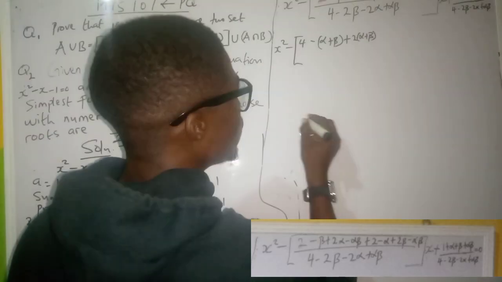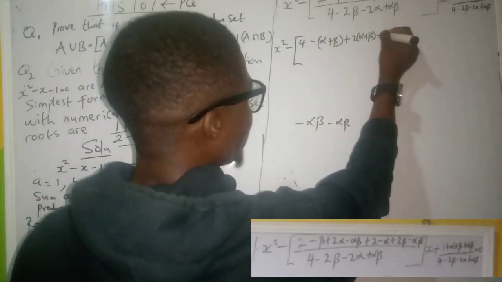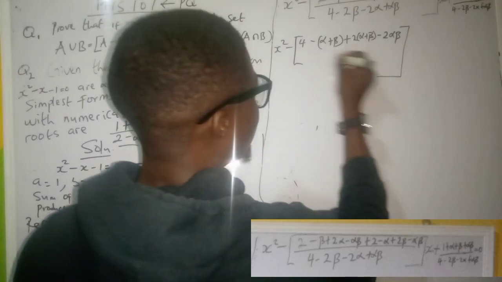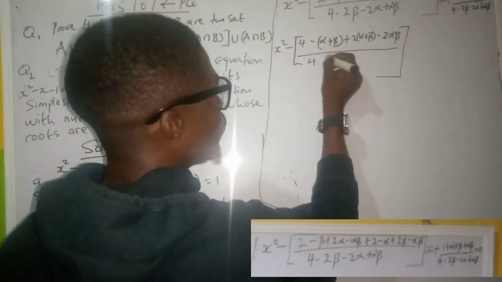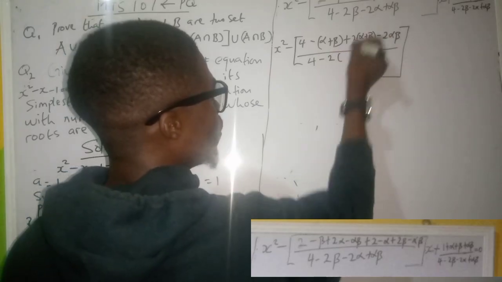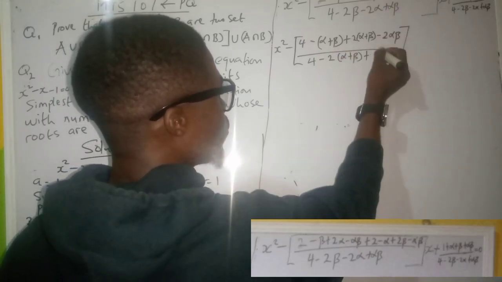So minus alpha beta minus alpha beta, that is minus 2 alpha beta now, right? Over 4 minus, we can rewrite this one as 2 is common, into alpha plus beta. If you expand it you get this back, plus alpha beta.